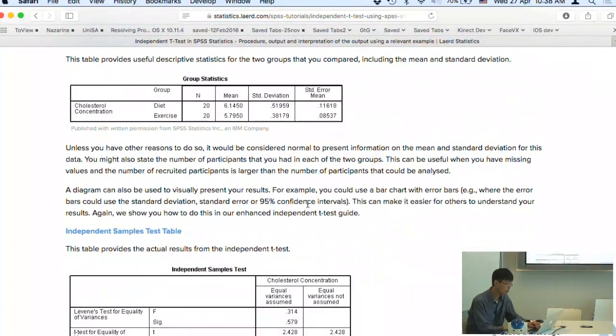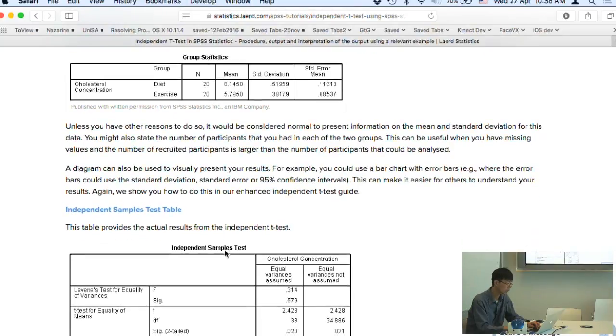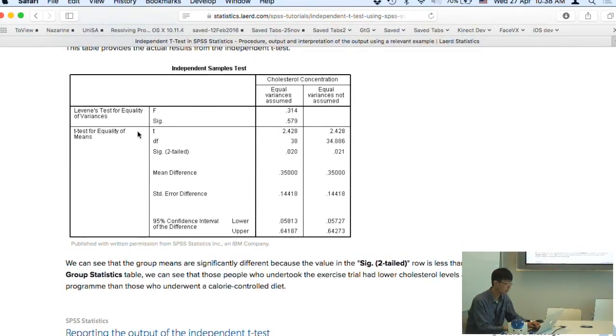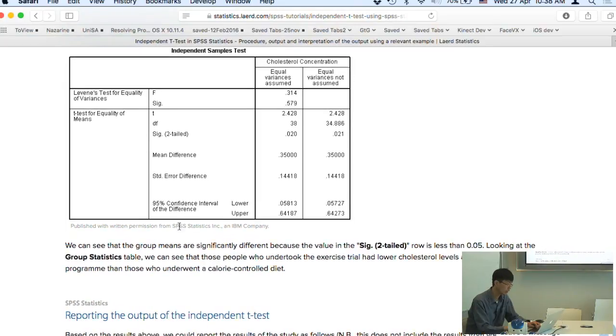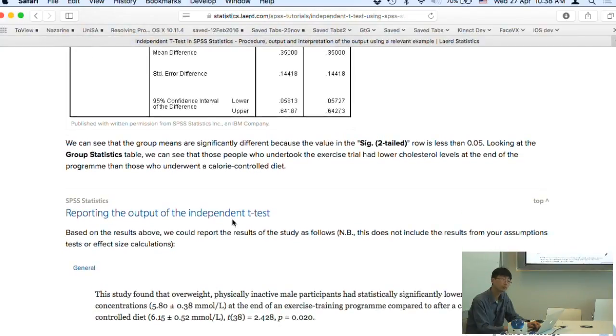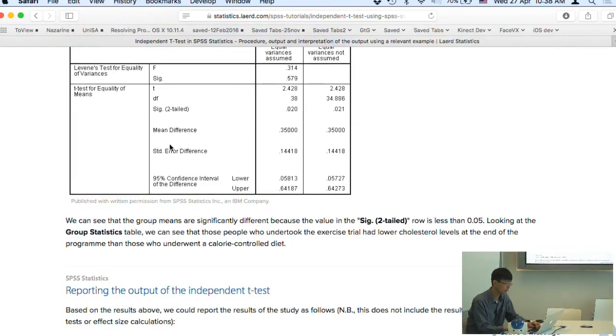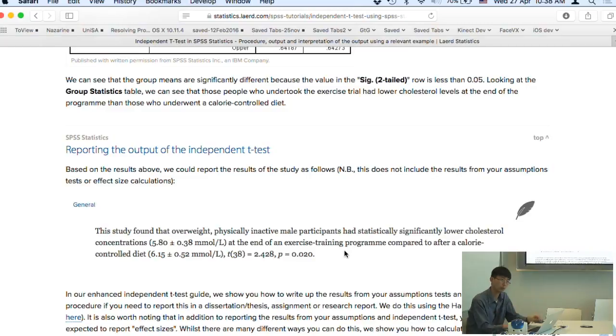Then it will give you what it prints out. It basically prints out some descriptive statistics, then the t value and the degree of freedom, and also somewhere a p-value. It shows the difference between two conditions, the mean value of the two conditions, and also it has a sample, based on this output, of how to write it into a paragraph, which basically says that one of the conditions was higher or lower than the other condition.